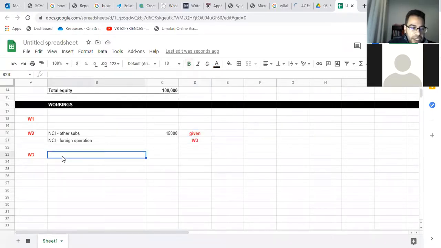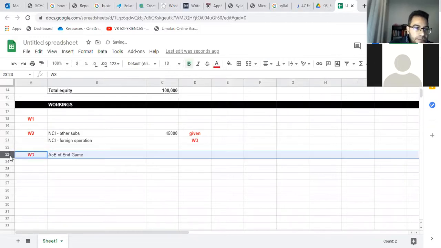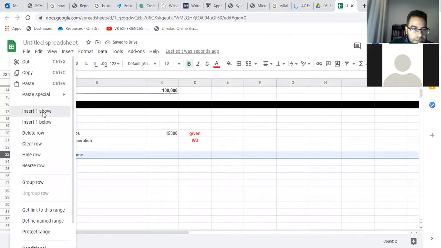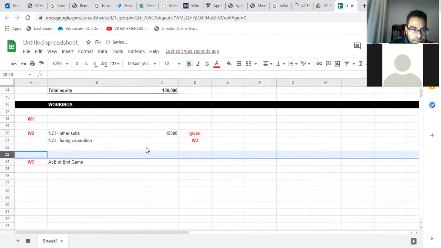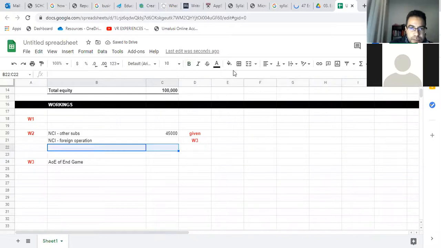So we're going to have here AOE of Endgame, and total NCI.